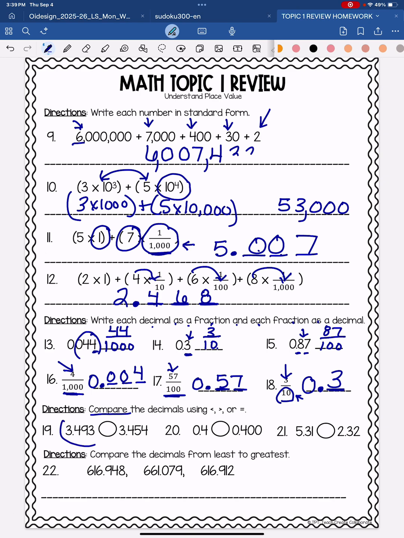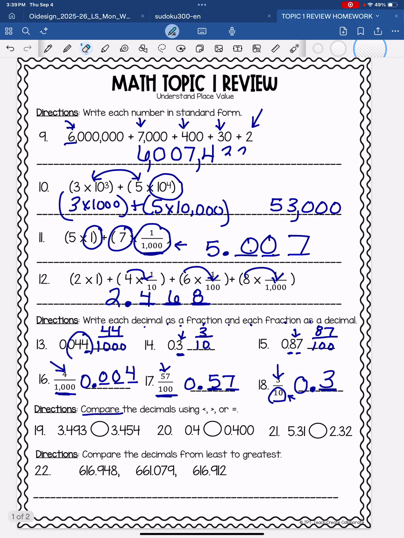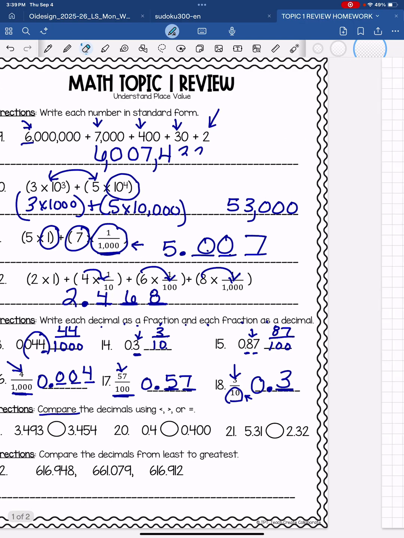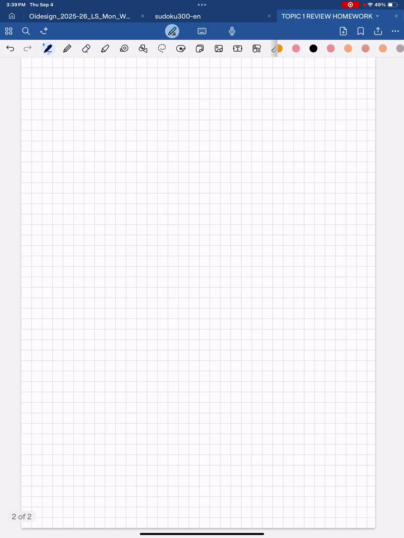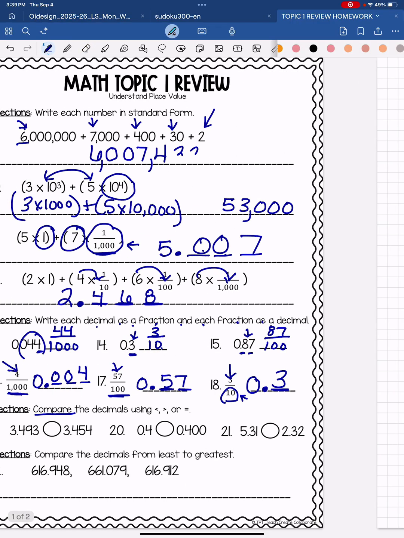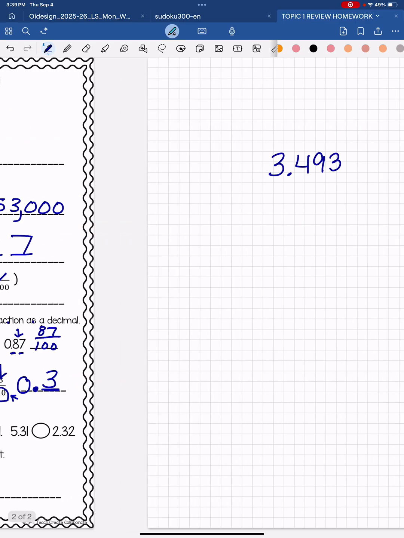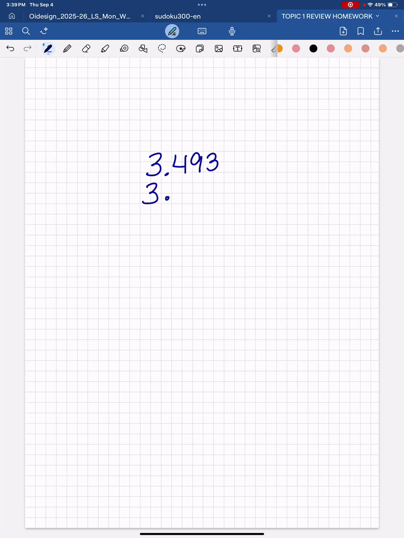You need to line both of these numbers up according to their place value. So it's 3 and 493 thousandths. And then the other number is 3 and 454 thousandths.